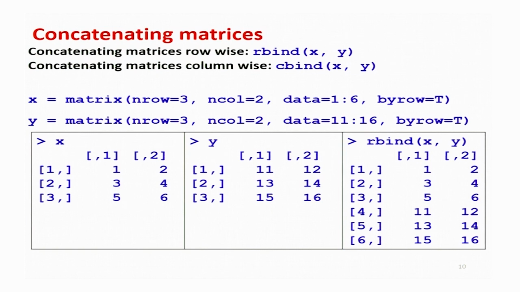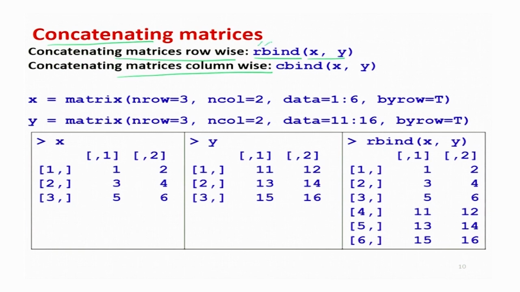Suppose I want to concatenate the matrices. What is the meaning of concatenate? That means I want to join, right, I want to bind. So, now I have two options: I can join the matrices row wise or I can join them column wise. The R command for combining or concatenating two matrices row wise is rbind, and inside the parenthesis you have to write the matrices in the same order in which you want them.